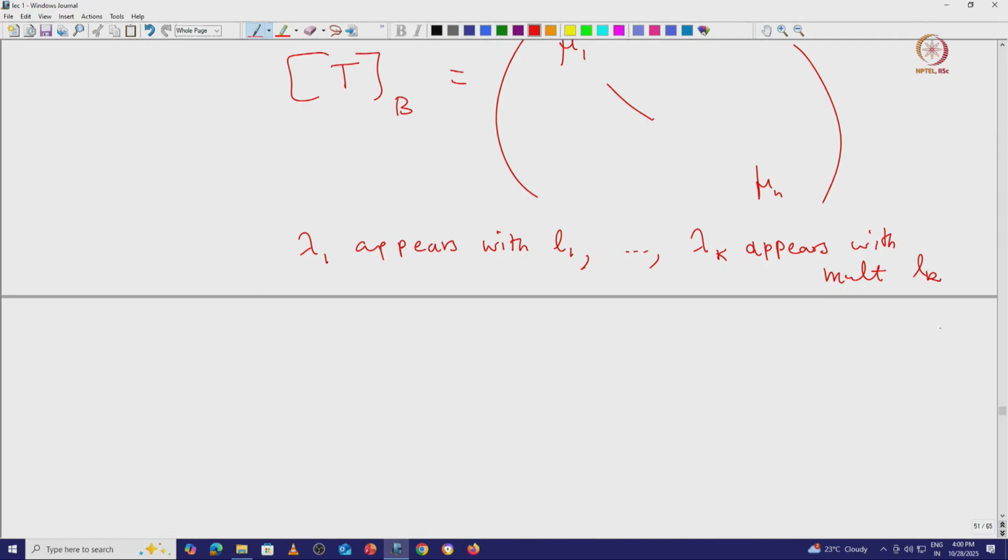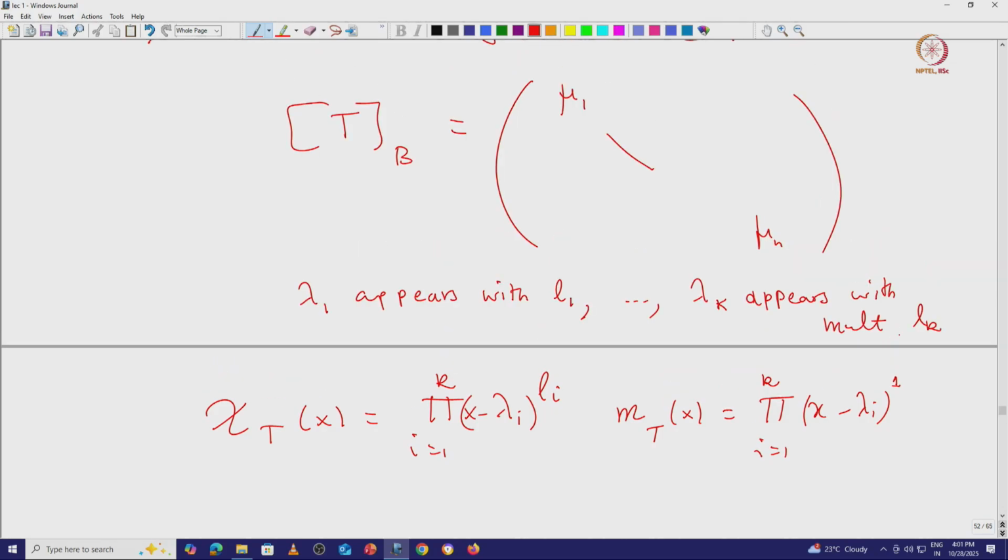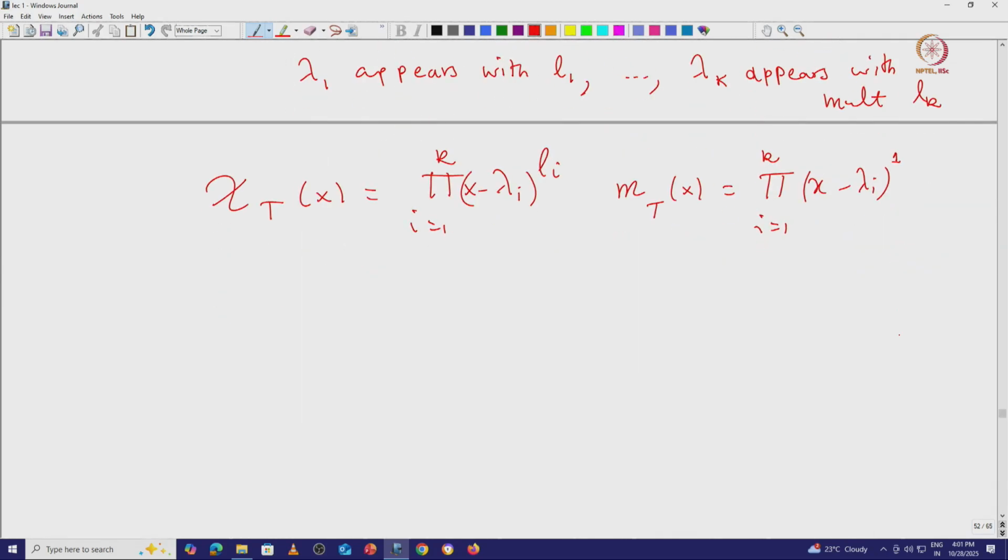Then it is clear that the characteristic polynomial of T is the product of (x minus lambda I) power L I, I ranging from 1 to k, and the minimal polynomial is just the product of (x minus lambda I), I ranging from 1 to k, with multiplicity 1.